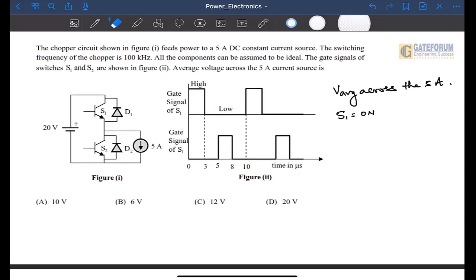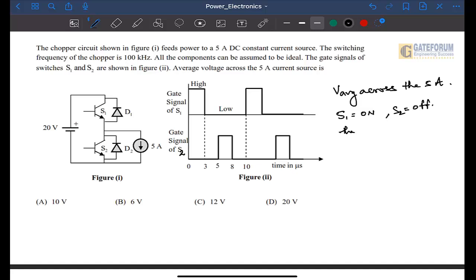In the question, I think the gate signal for S1, then this should be S2. Correct? This should be S2. Okay, then now figure 2 is correct. So S1 is on and S2 is off.